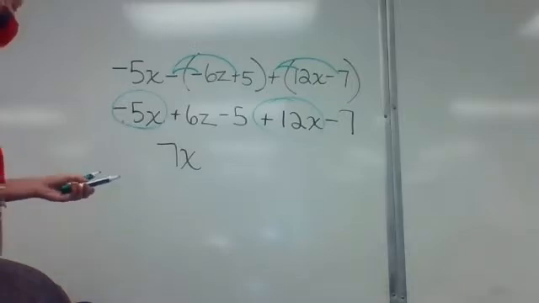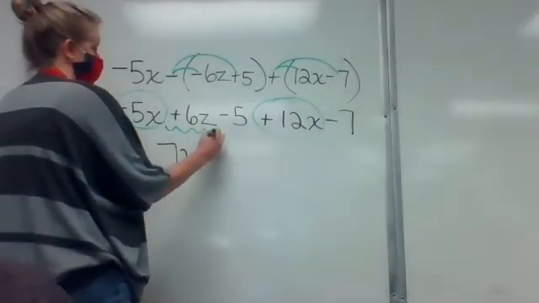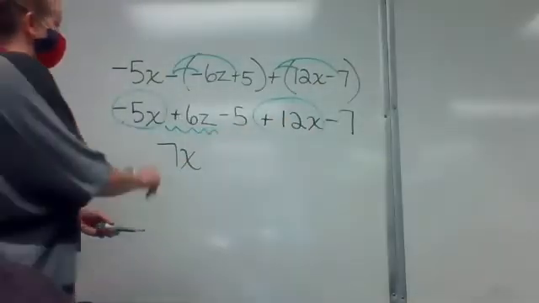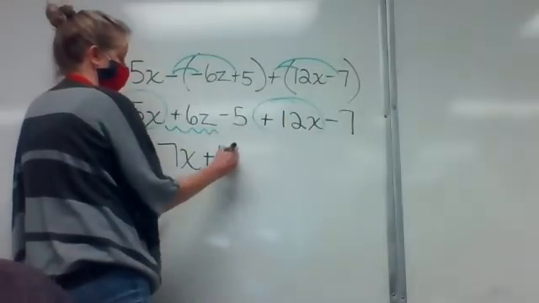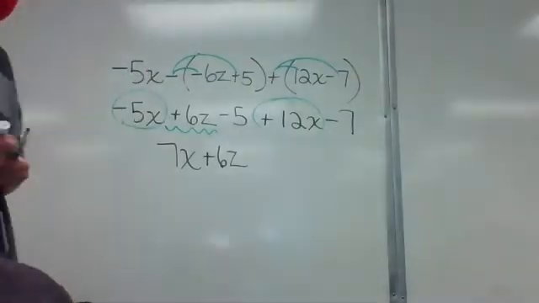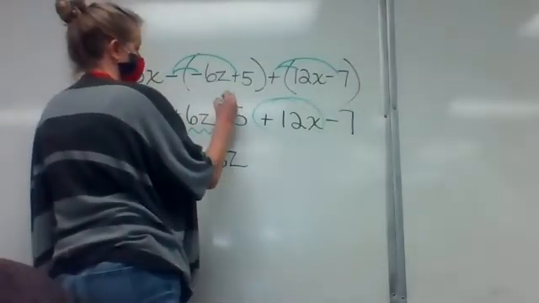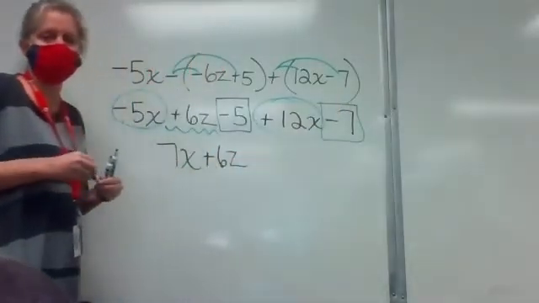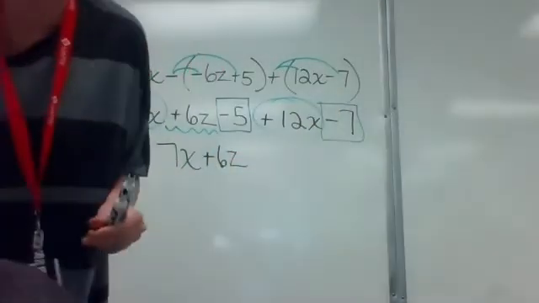Okay, let's see. Are there any other z's to put with that one? When I'm looking through here, I don't see any more z's. So I just bring that one down, plus 6z. But I do see that's a plain number and that's a plain number. So I can put those terms together.